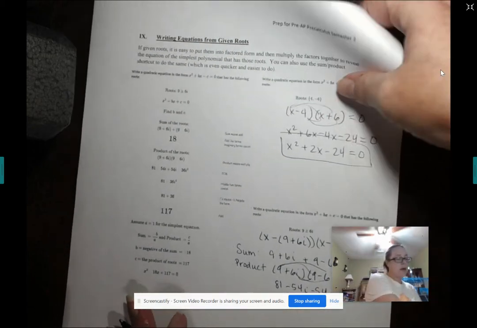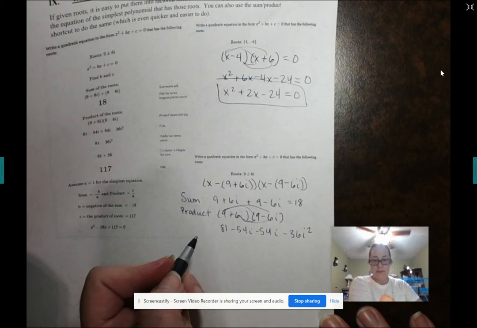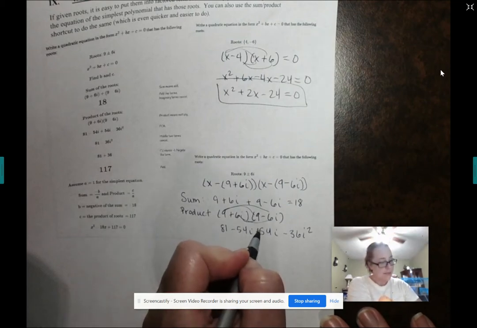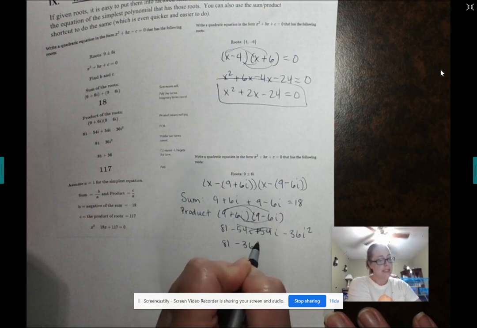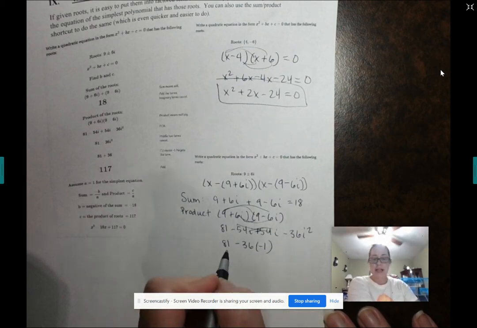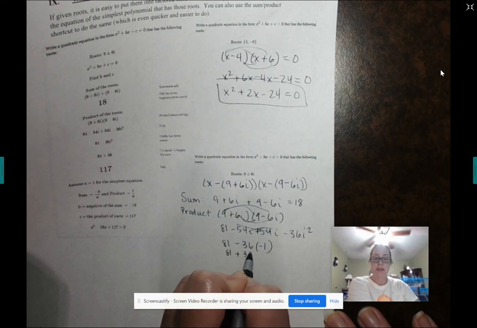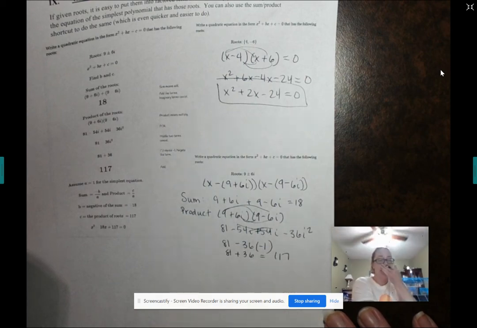And when you do that work, these cancel out, and you end up with 81 minus 36i squared. i squared turns to negative 1, and this ends up being 81 plus 36, which is 117.